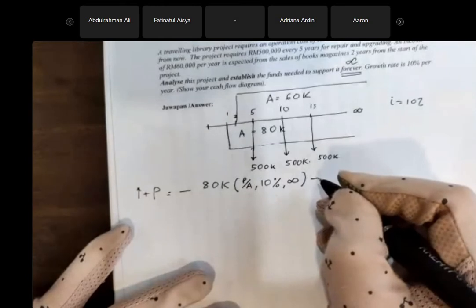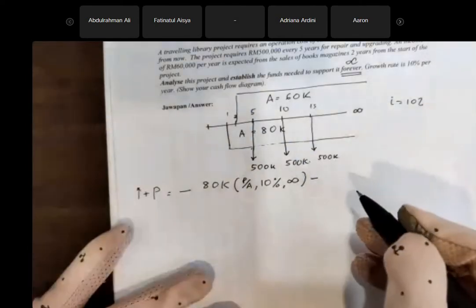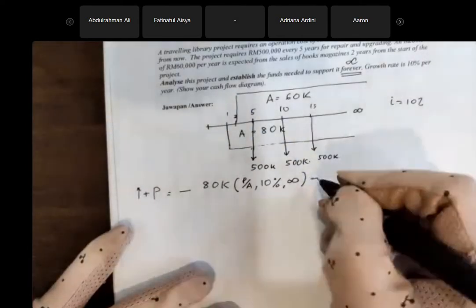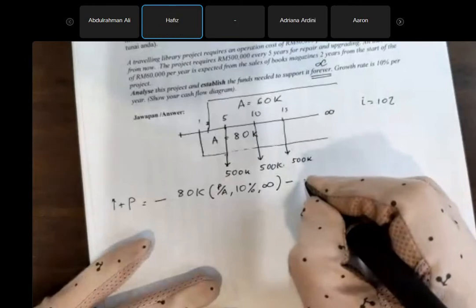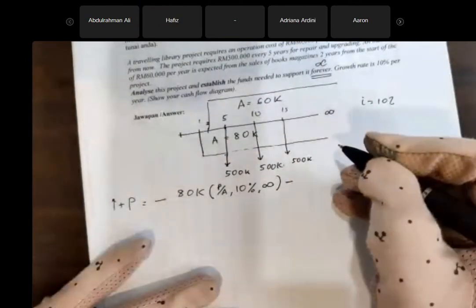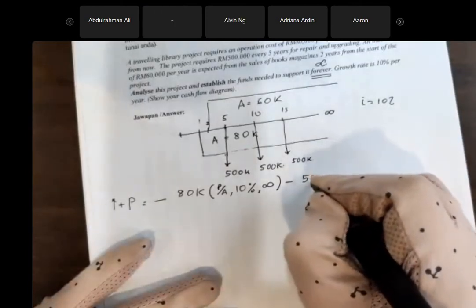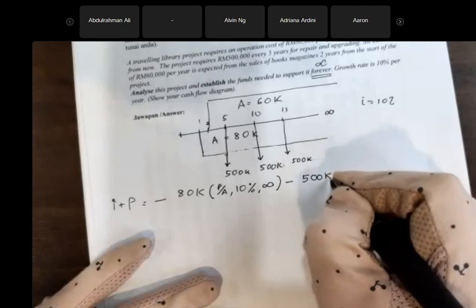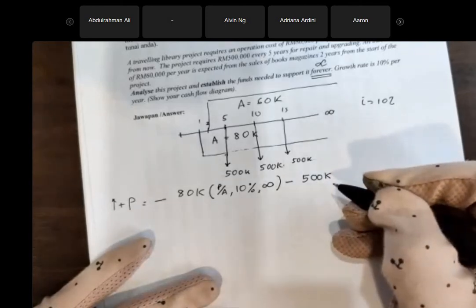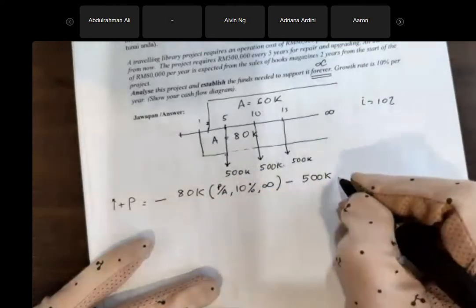Hafiz. Yes, doktor. Okay, continue. Minus 500K. Ini every year ni 500K.